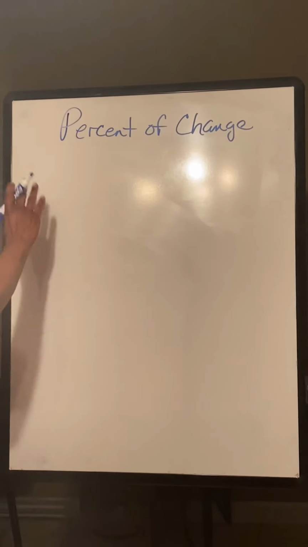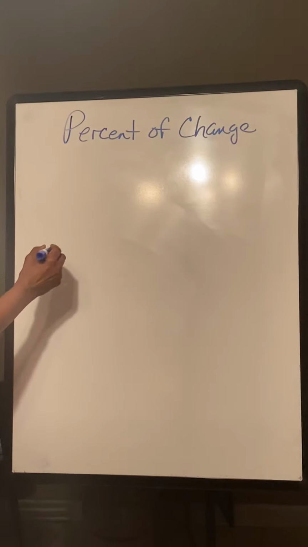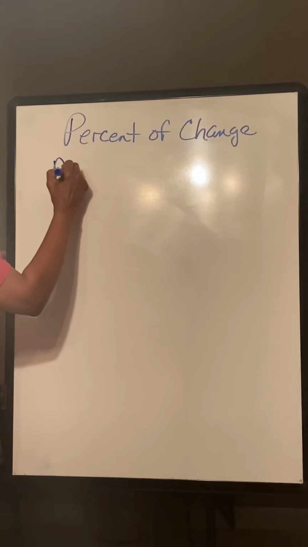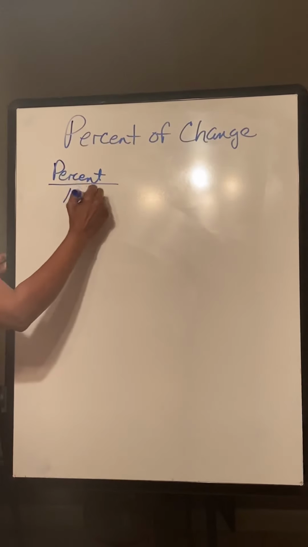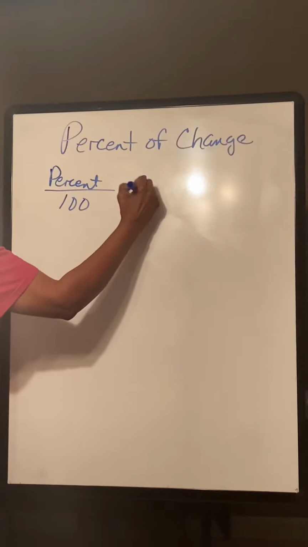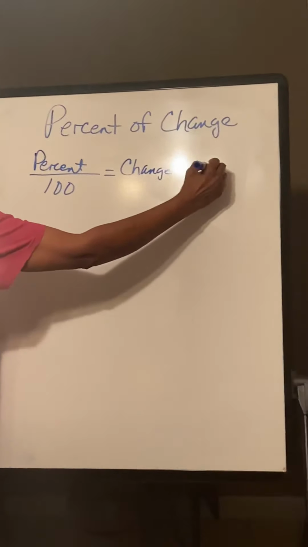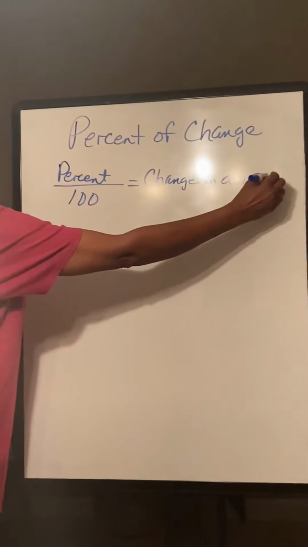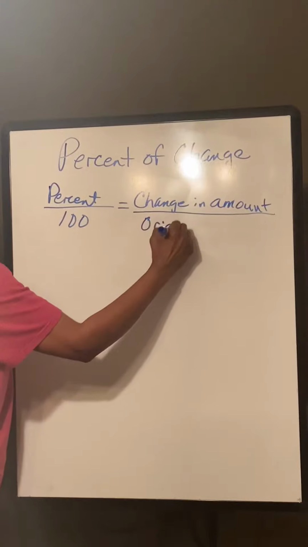Now, in order for us to do our percent of change problems, we're going to use a proportion. We're going to take the percent, place it over 100, and set it up to be equal to the change in amount divided by the original amount.